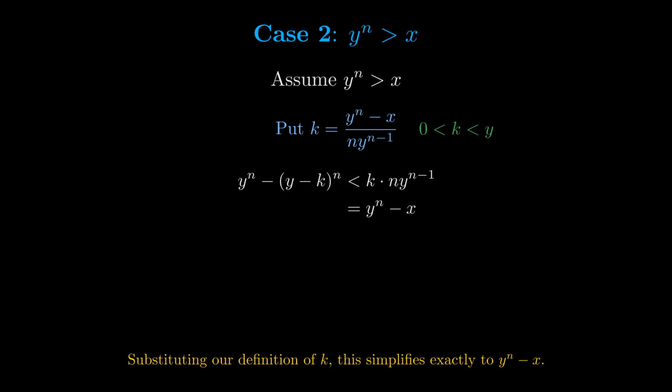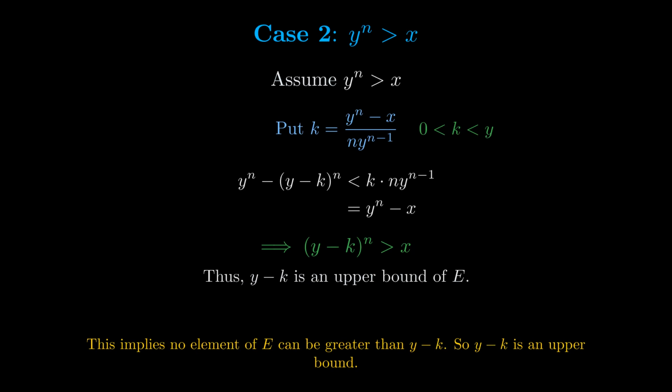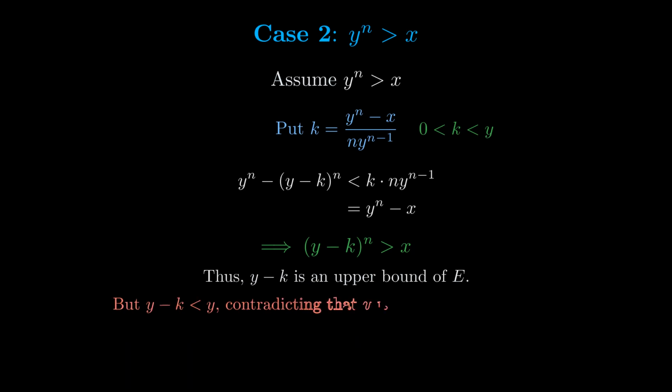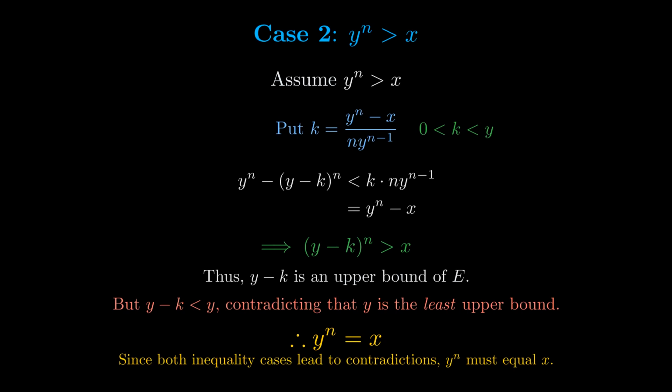Rearranging terms, we see that y minus k to the n is strictly greater than x. This implies no element of E can be greater than y minus k. So, y minus k is an upper bound. But y minus k is smaller than y, contradicting that y is the least upper bound. Since both inequality cases lead to contradictions, y to the n must equal x.